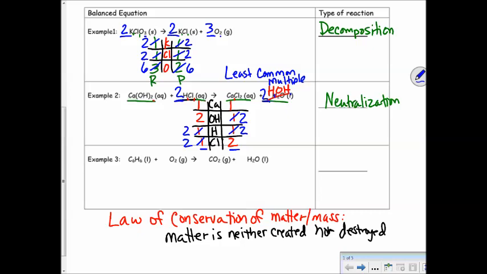We have 1 calcium on both sides, 2 hydroxides on both sides, 2 hydrogens on both sides, and 2 chlorines on both sides. Everybody's balanced. We're not breaking the law of conservation of matter, and it is good to go. So that is the particular strategy you use when you're dealing with neutralization. Change the water to HOH.